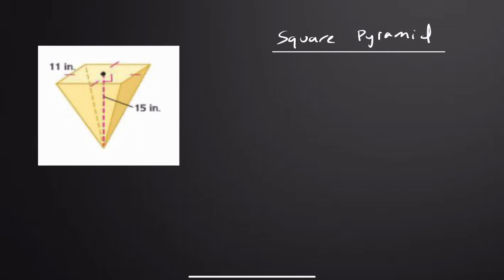So let's go ahead and find the lateral area of the square pyramid. The lateral area is equal to 1/2 the perimeter of the base, which is a square, multiplied by the slant height. And we use cursive lowercase l to indicate slant height.